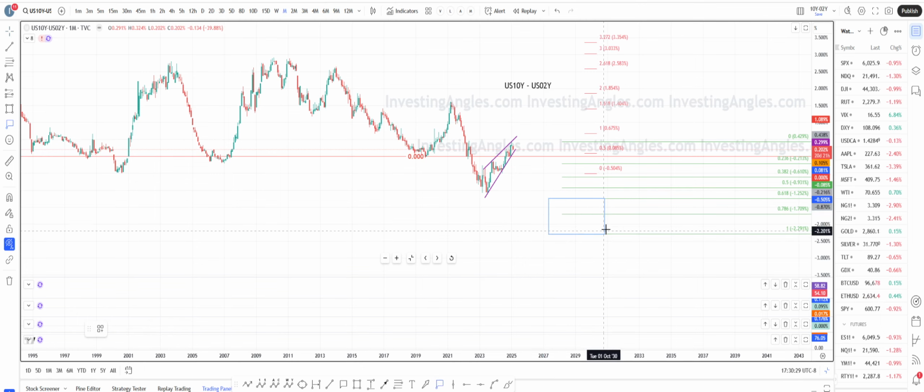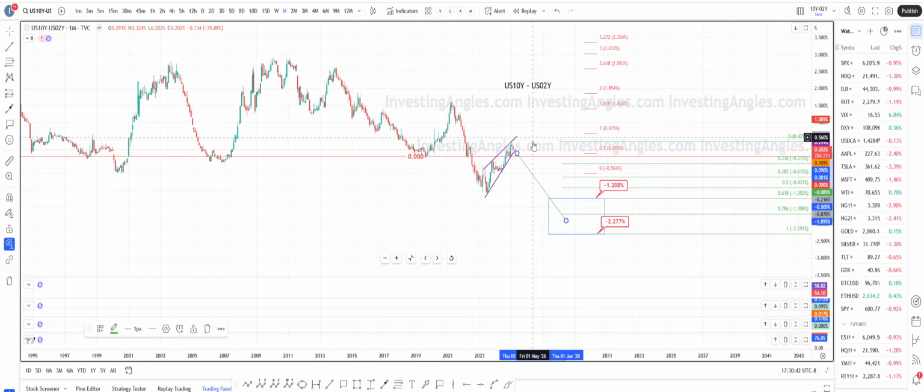Okay, so now it's fairly scary numbers. This would be the most ideal target for a move like this, and if this happens, I don't even know. So let's have a look at the history.